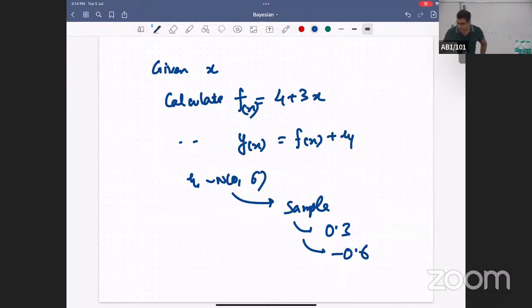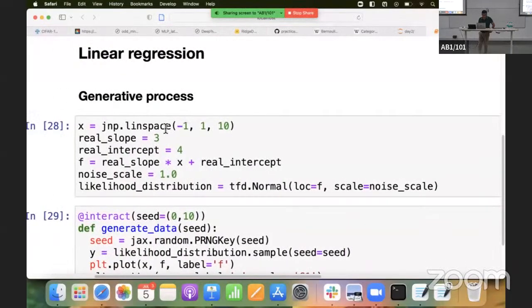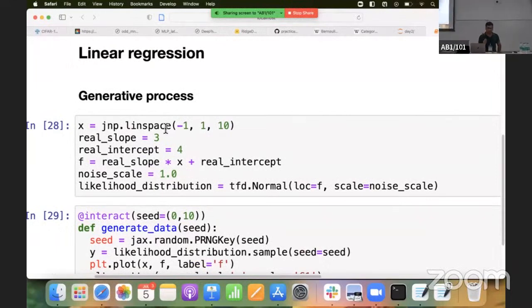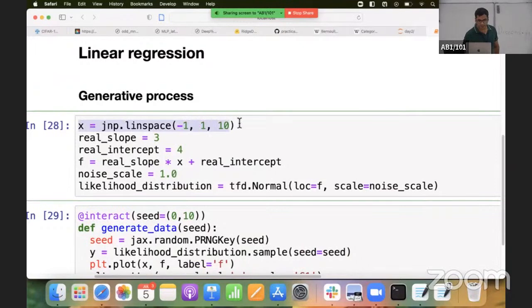So we'll come back to the notebook now. This is the exact same thing I was writing earlier, and I'm showing it in code. So X is linearly spaced values between -1 and 1, and there are 10 values.